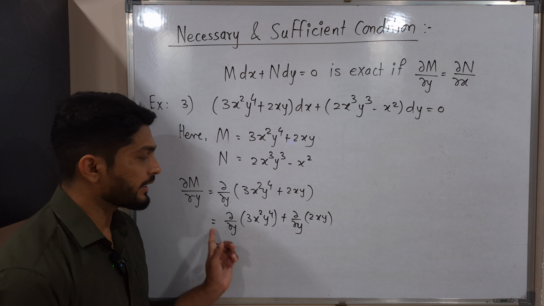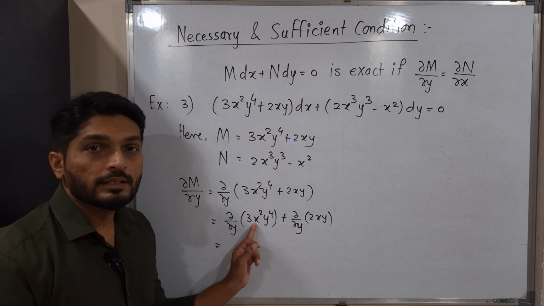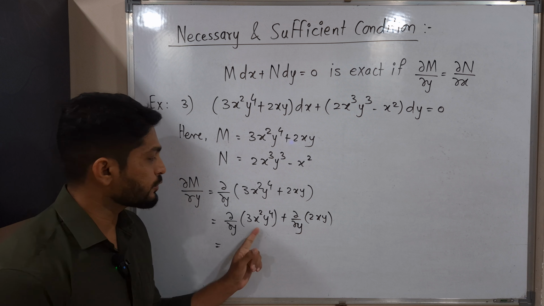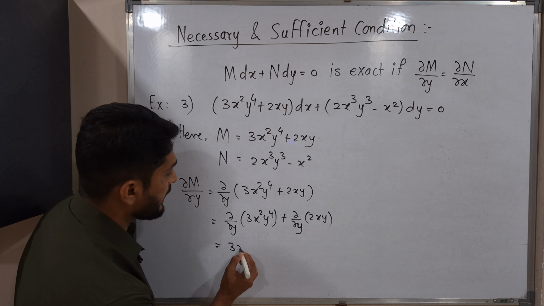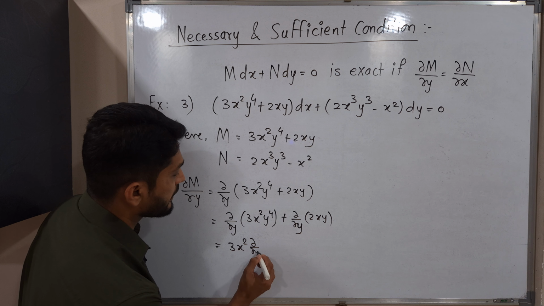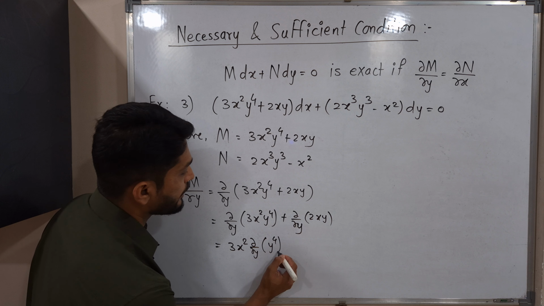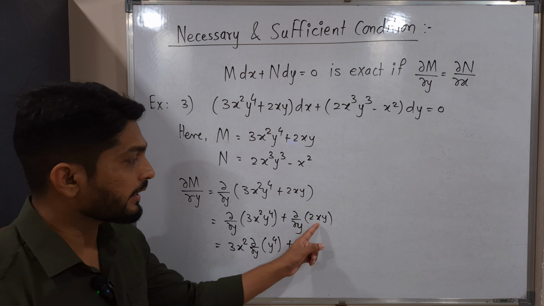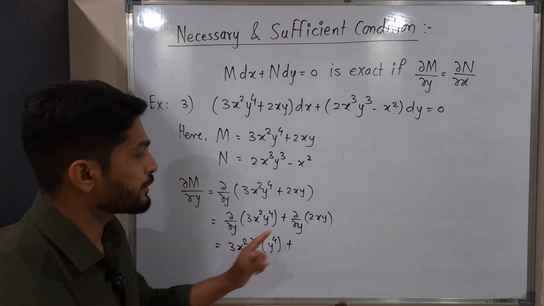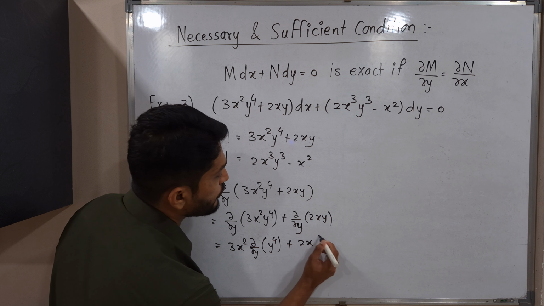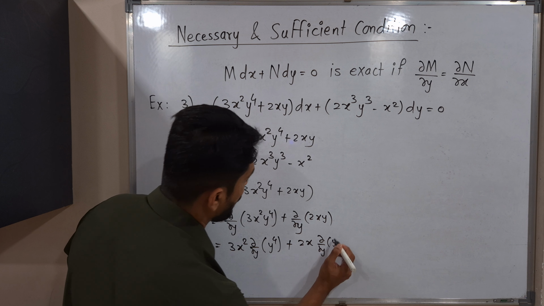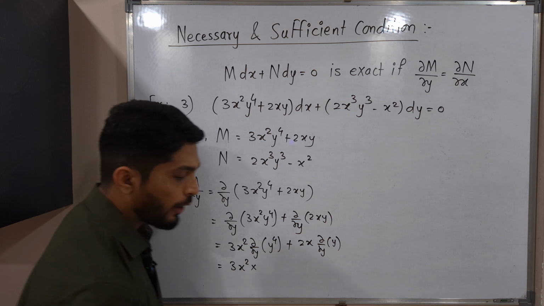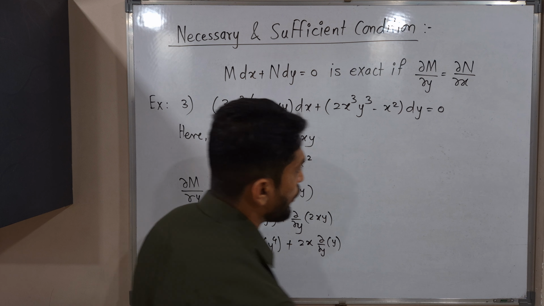3 is a constant, you can take it outside. X square is also a constant, since we are differentiating with respect to y, x is constant. So 3x square we have taken outside. Inside the bracket we have y raised to 4. What will be the constant in the second term? Tell me. 2 is a constant. X is also constant, since we are differentiating with respect to y, so 2x is a constant outside y. So let us see how to find the derivative of y raised to 4.